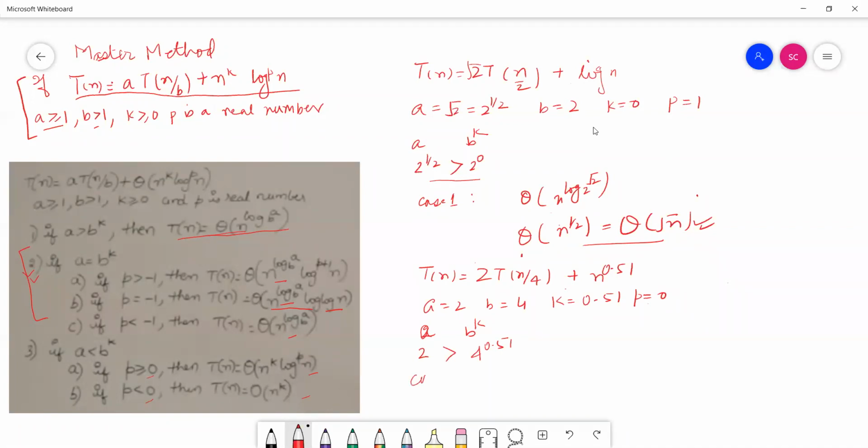So again case 1, that is theta of n to the power log b base a. The value of b is 4 and the value of a is 2.